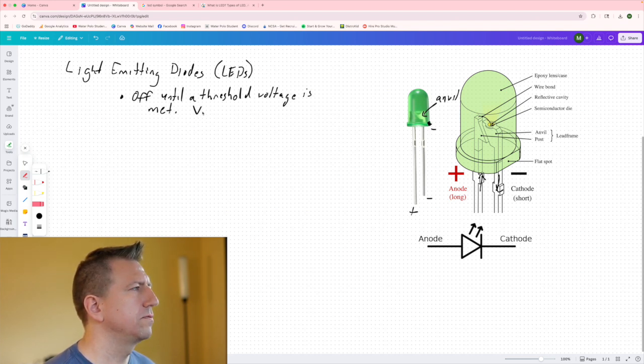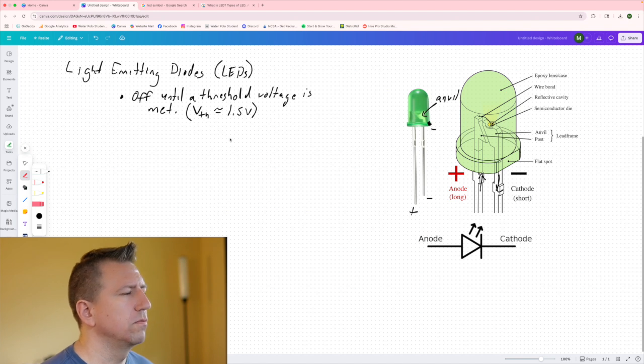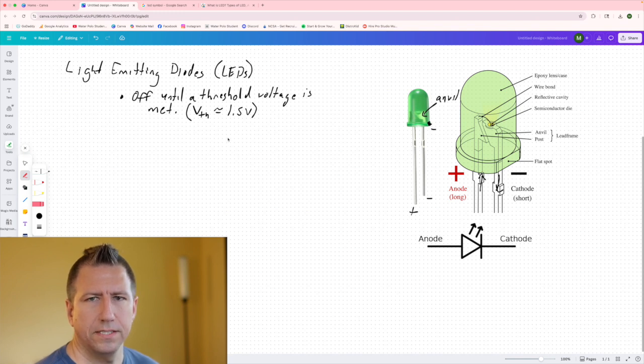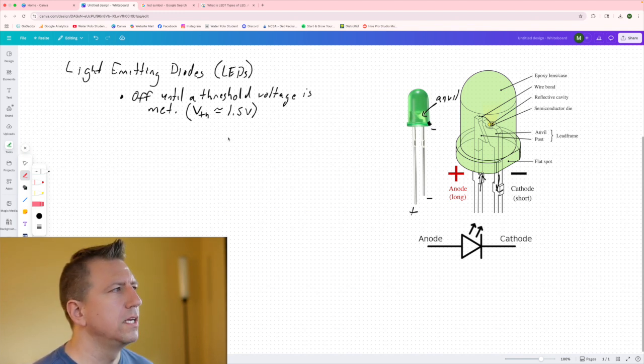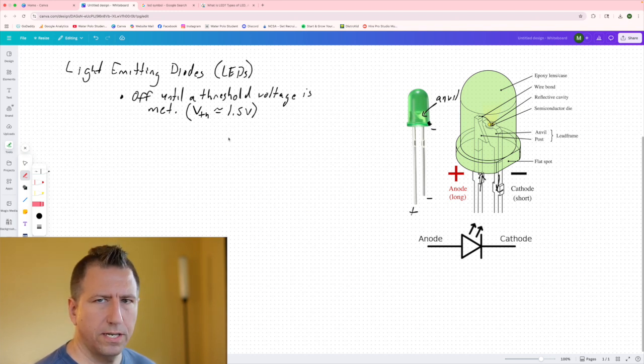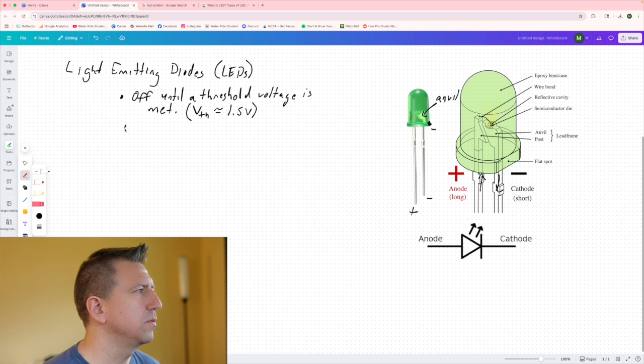That threshold voltage, VTH, for an LED is approximately equal to 1.5 volts. So when you ramp up the voltage, you have to have a voltage supply of at least 1.5 volts if you want this to turn on, because before that it won't turn on at all. After 1.5 volts it will turn on, and the more current we feed through it, the brighter it's going to get, and that's our next bullet point.